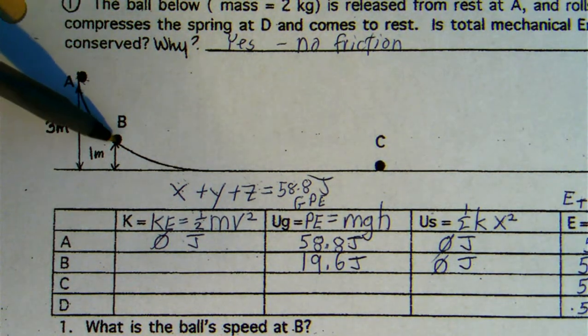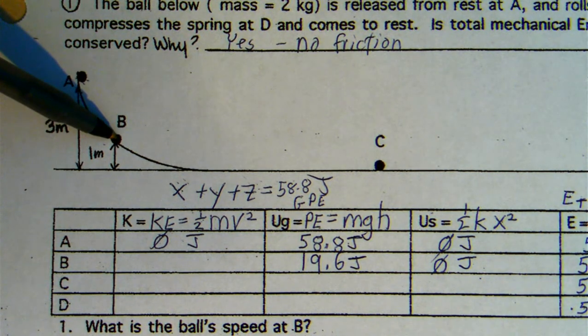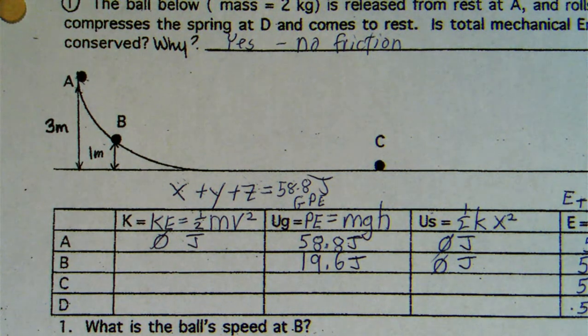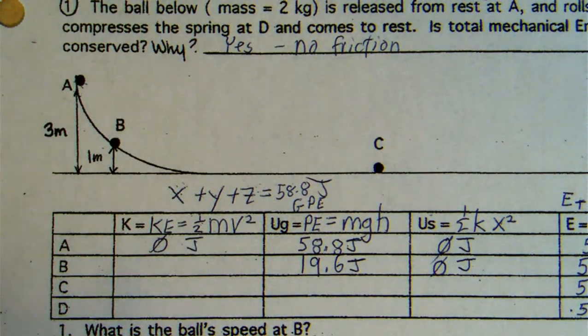What is the kinetic energy of the ball when it is at point B? I don't know. What are the units? Joules. Always put the units. Okay, well, let's see. Jacob, do you agree?